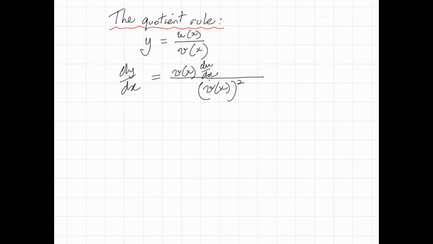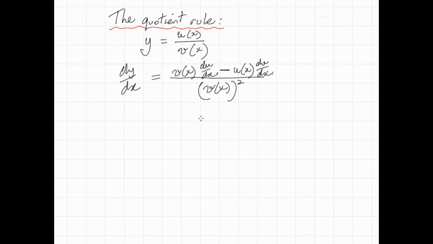So v of x du dx, always minus. Now we've got u of x, we do the other one, and we've got du dx there, so we do the other one, and that's dv dx. So that's a way of remembering it. Whatever's on the bottom goes on the bottom squared, and then you always start with that up there, v of x times du dx, and it's a minus.